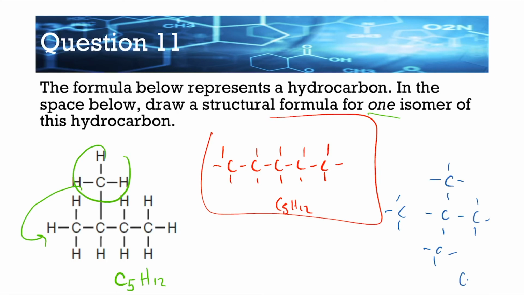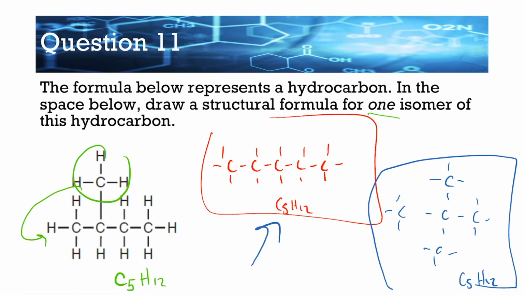This is also C5H12. So either way works. It's up to you which one you like better. I think just making it a straight line is easier than making branches, but whatever floats your boat.